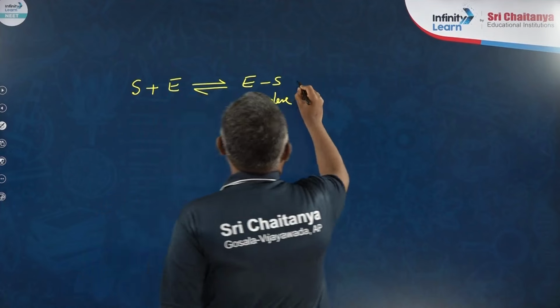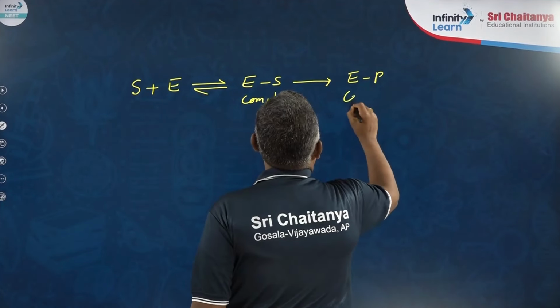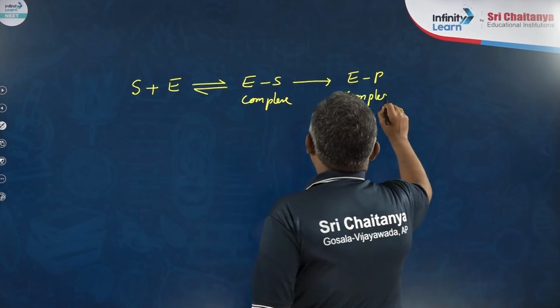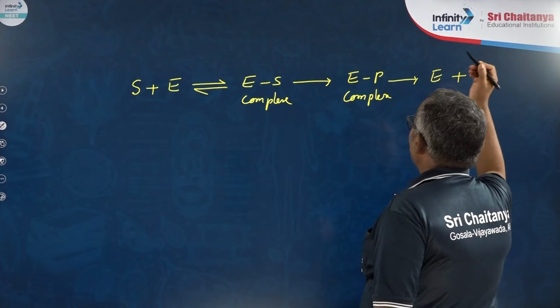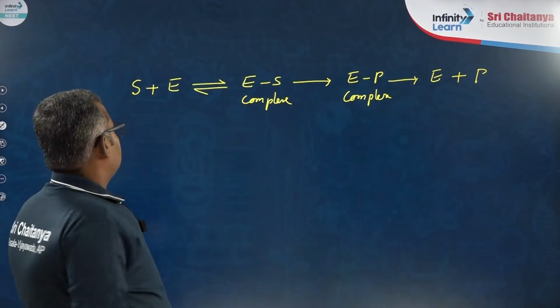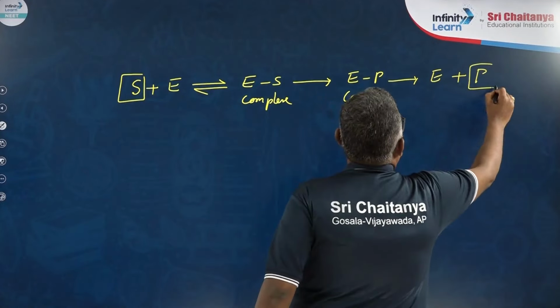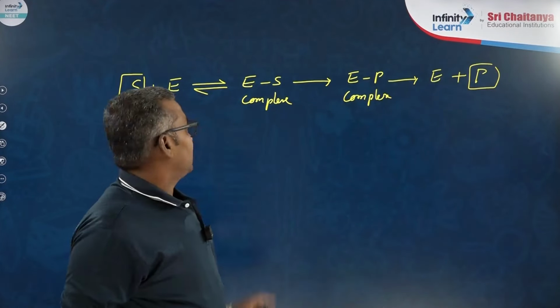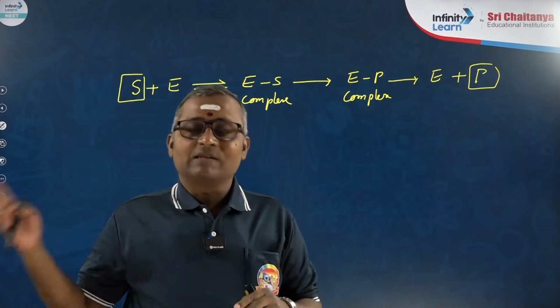This ES complex then becomes EP complex, and finally enzyme and product get released. So substrate is converted into product with the intermediate formation of ES complex and EP complex. This is what happens in the process of reaction.